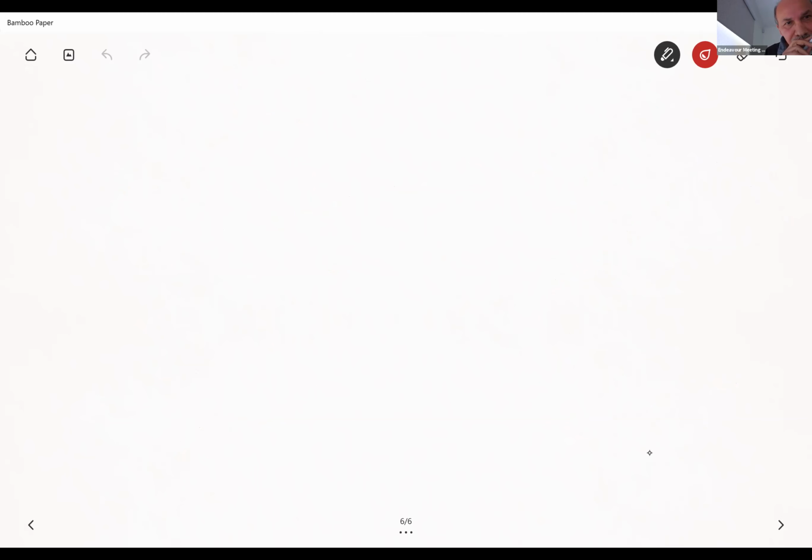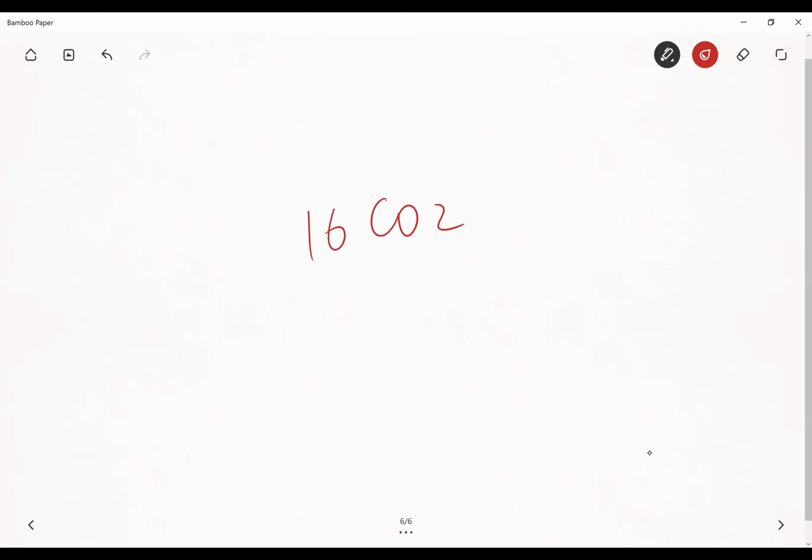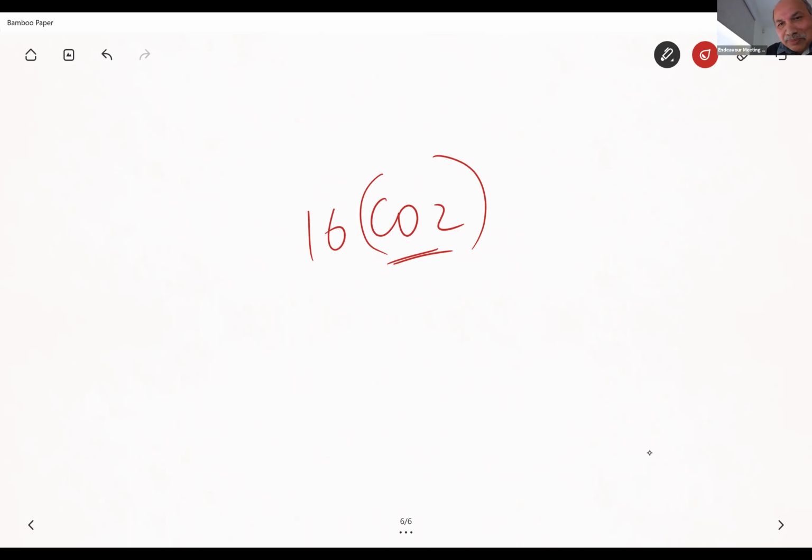But if you represent it as 16 CO2, I will think I have to multiply 16 times 2, and that is 32 oxygen atoms.